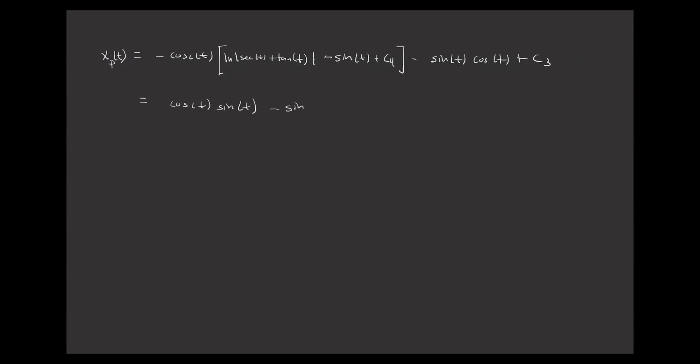We're going to have a minus sine t cosine t, then a minus C4 cosine t, minus C3 sine t, and then finally minus cosine t times ln of secant t plus tangent of t.